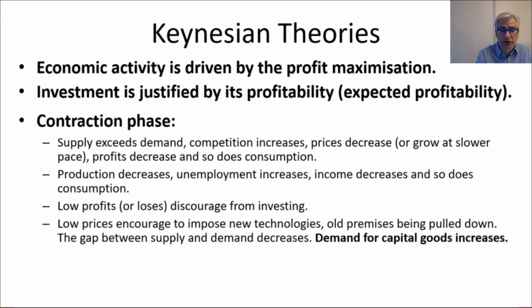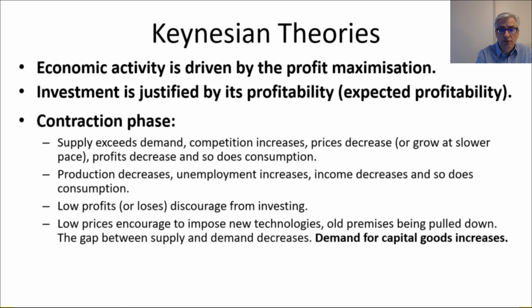When prices decrease, then profits for businesses would decrease as well. Because generally prices are lower and the total volume, the total output, cannot grow. It cannot grow because demand is insufficient. So profits decrease, incomes decrease, and so does consumption.